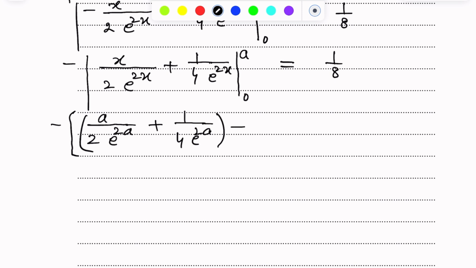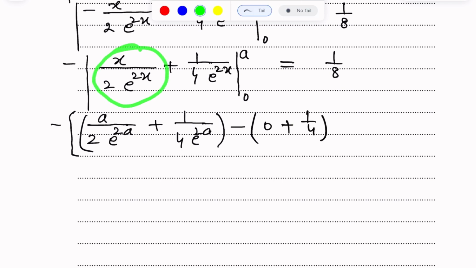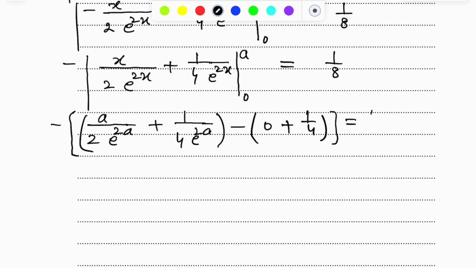Upper limit minus lower limit. Now we are putting 0 in place of x. Putting x equal to 0, the first term as a whole becomes 0, and the second becomes 1 over 4, is equal to 1 over 8.